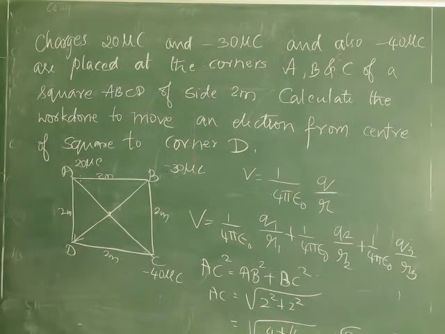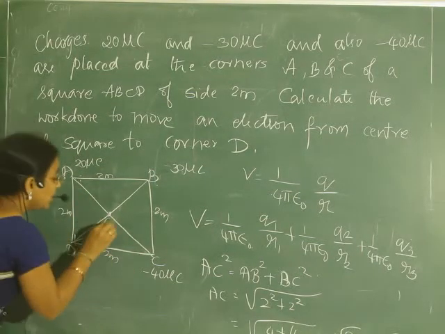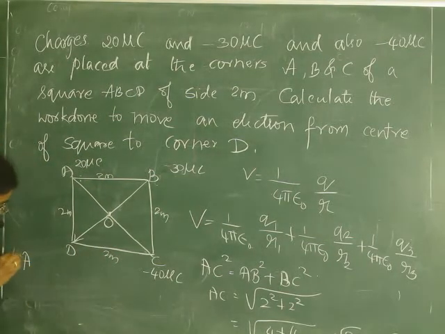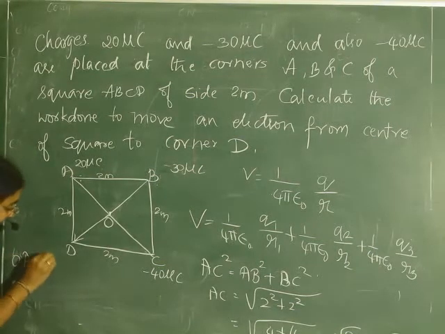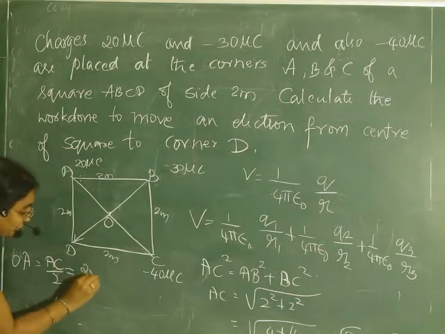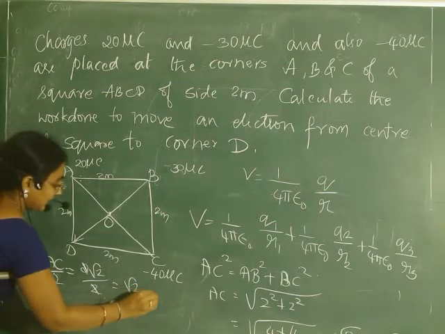AC is equal to 2 root 2, but we want AO. So therefore, I can say AO, or OA, is equal to AC by 2, that is 2 root 2 by 2. So I'll get root 2 as the answer, root 2 meter.